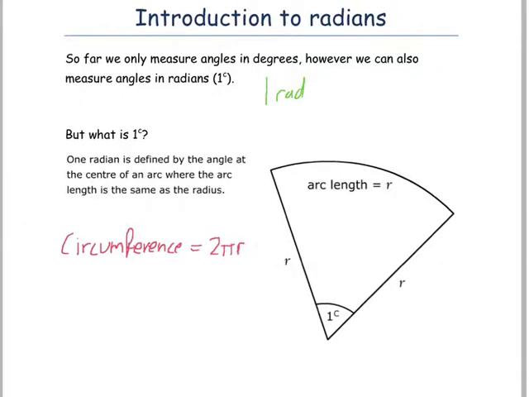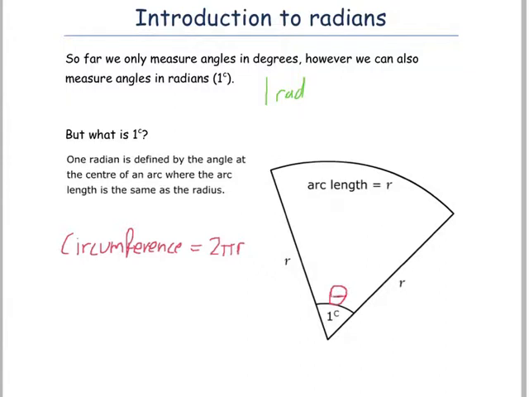And our sector, which we've got here, we're actually just looking at a fraction of the circle. And what we're going to do, just so we can discover what 1 radian is, we're going to change the 1 rad here to theta.